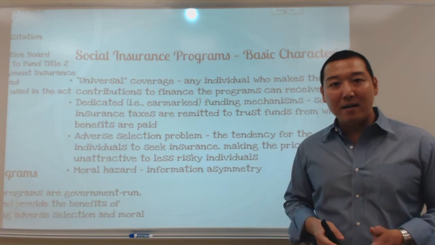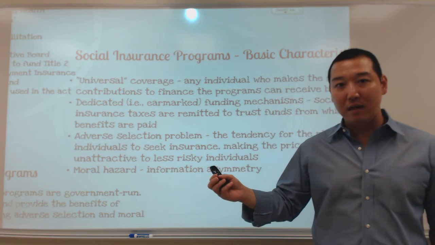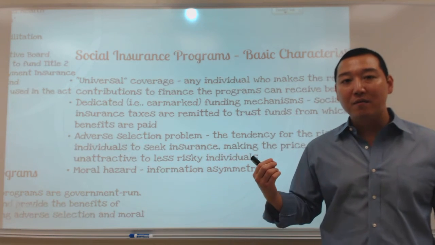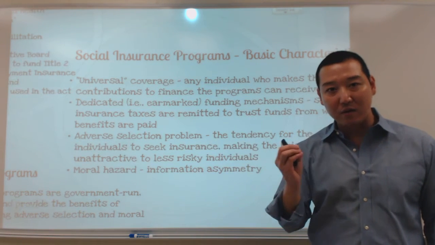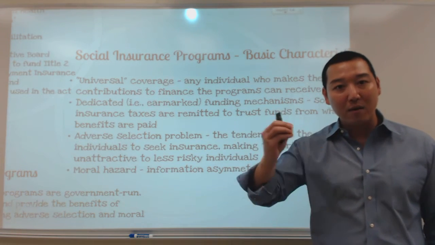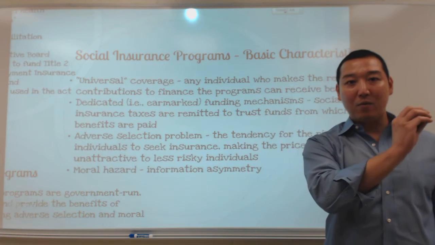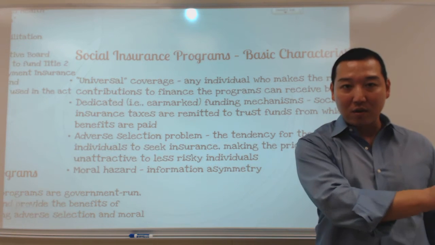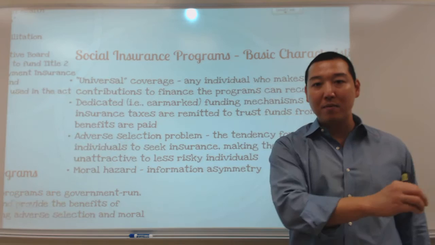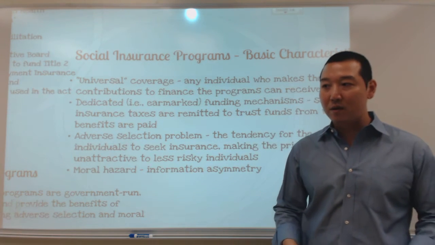What we mean by dedicated or earmarked financing is that when we assess taxes and collect the revenue for social insurance programs, it's channeled specifically towards the program in question, right? So we call it earmarked or dedicated. We have the Social Security tax specifically designed for Social Security. We have the Medicare tax specifically earmarked for Medicare purposes. And so we talk about the trust funds often, and that's characteristic of social insurance programs generally.